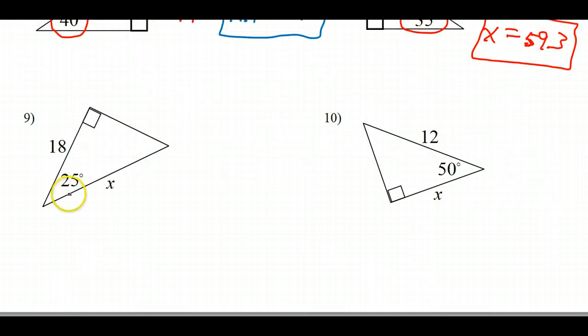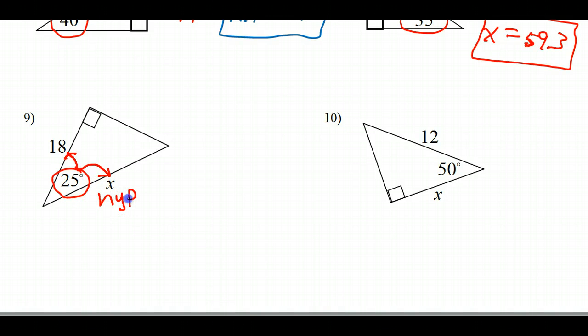All right, now look at number 9. What do you see? Starting from the 25-degree angle, we've got the 18 and we've got the x. Which one of these is the hypotenuse?